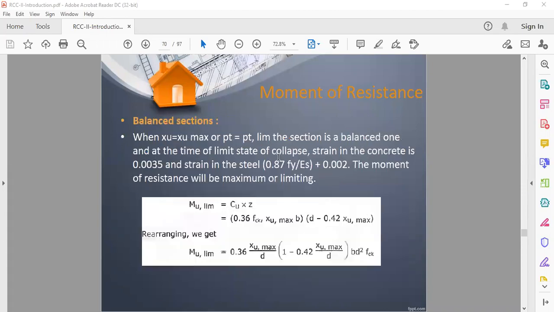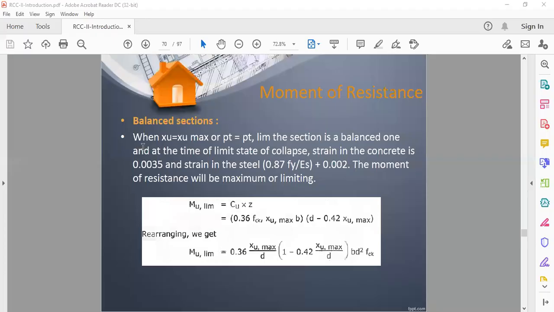And suppose it is a balanced section, so it depends upon your fck.